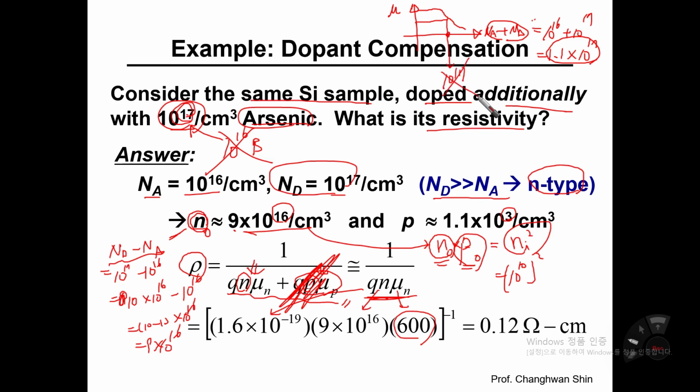That is wrong. We should take into account the total number of dopant atoms. So instead of 10 to the 17, you should read out 1.1 times 10 to the 17 here. This mobility value should be plugged in here, mu n. Then you're going to end up with a resistivity value.